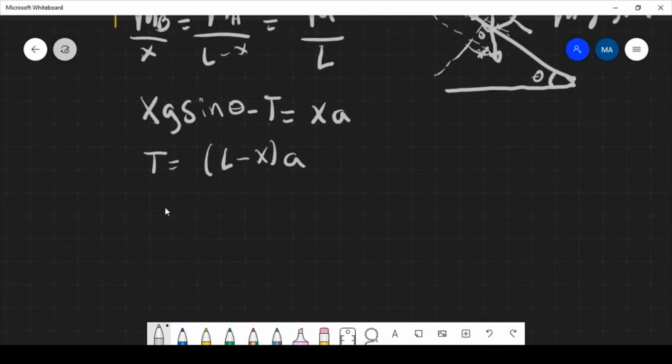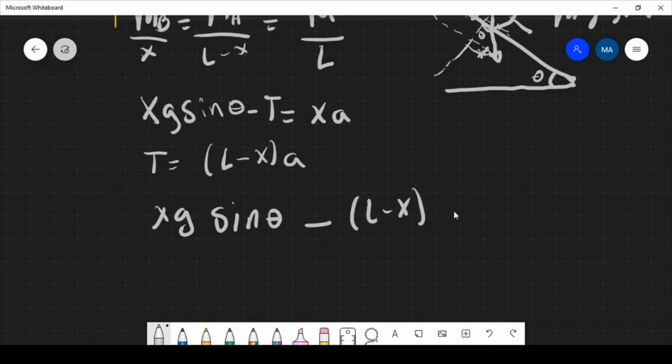So what can we do again over here? x g sine of this angle minus L minus x times the acceleration a equals x a. Just put the value of T over here.